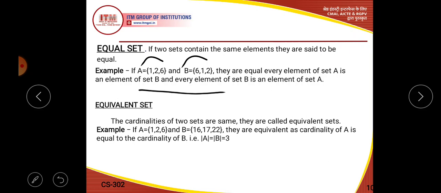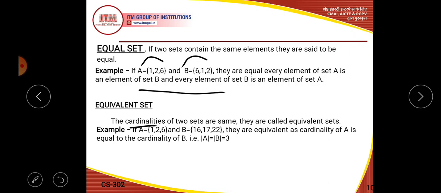Now come to equivalent set. The definition says if the cardinalities of two sets are equal, then they are called equivalent sets. The cardinality means the number of elements in the set.